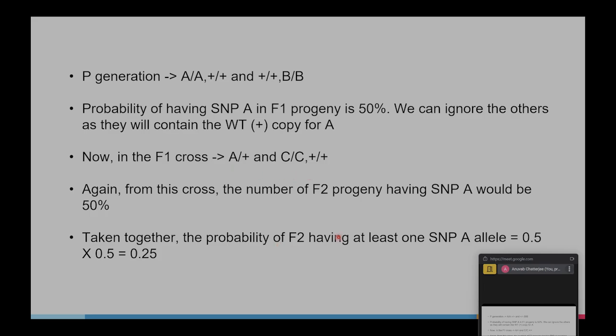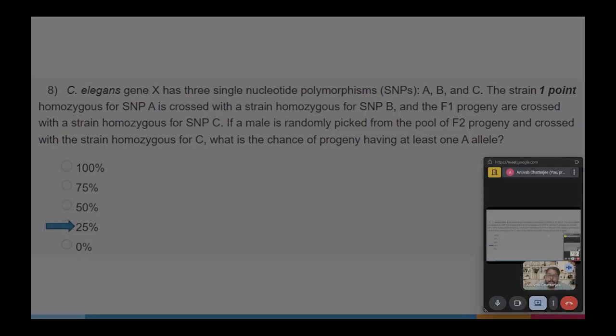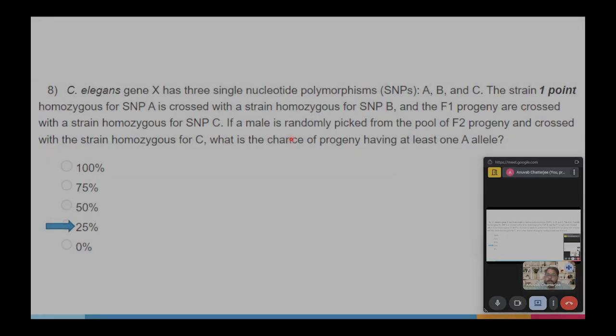Since both of these are independent events, it is just a multiplication of them. So 0.5 into 0.5 equals 0.25, or 25% probability that SNP-A will be inherited in the F2 progeny.